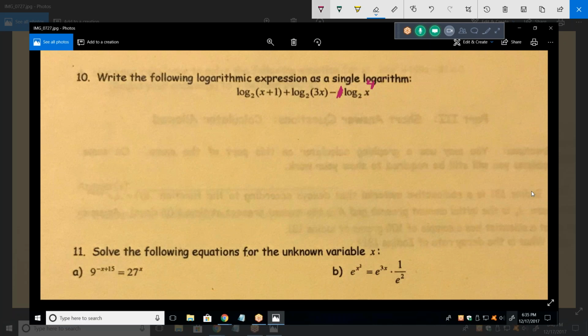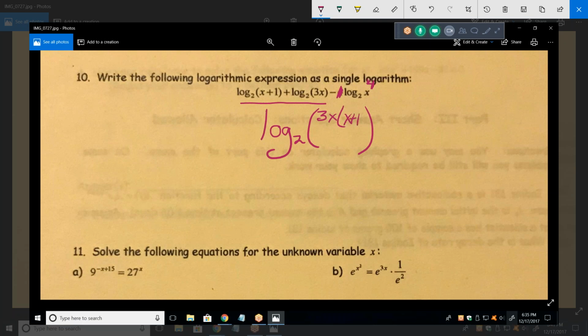Now, let's do each of these alone. What do those two mean? If I change that into one expression only, it's log base 2 of what? 3x squared plus 3x. Not 3x squared. It's 3x times x plus 1.